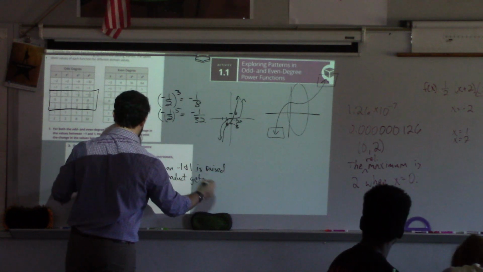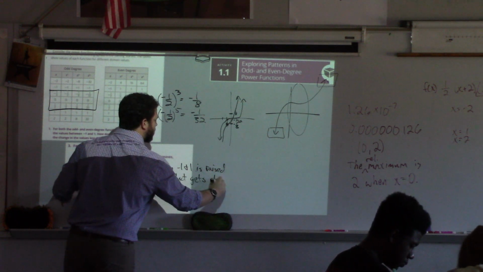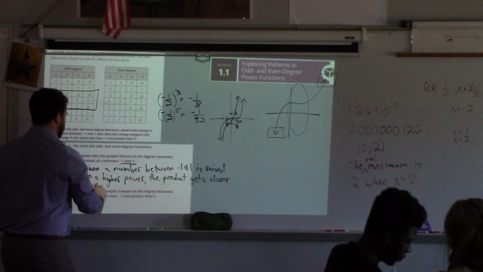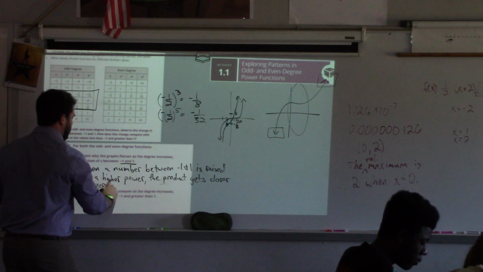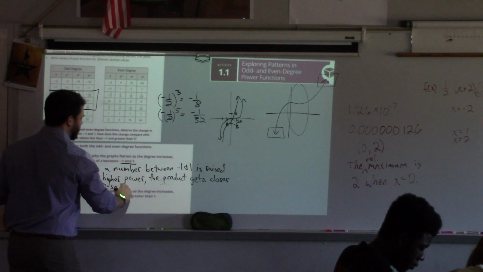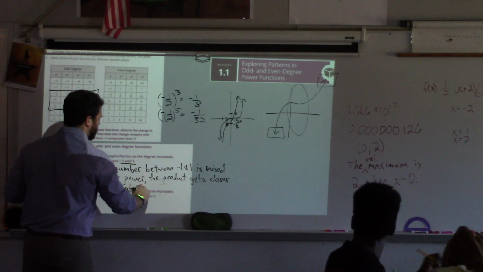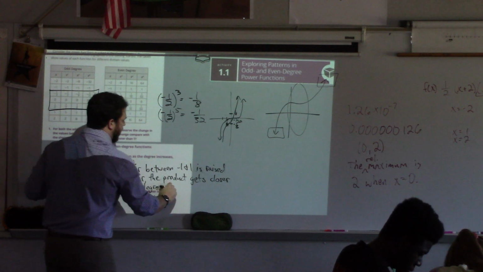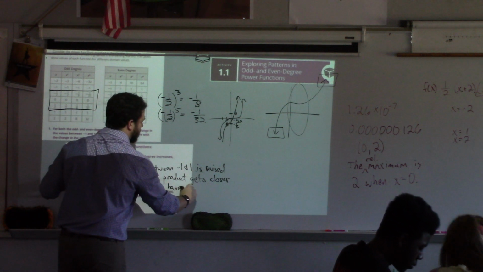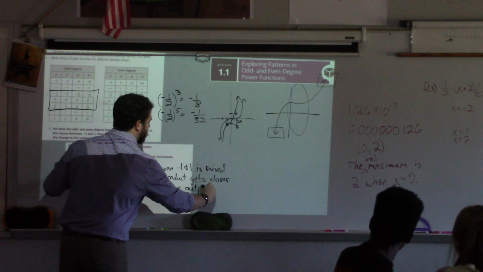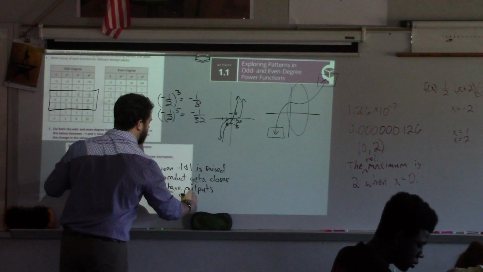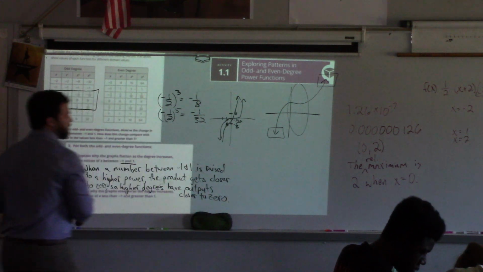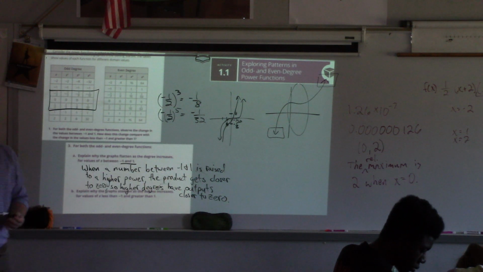Gets closer to 0. So higher degrees have outputs closer to 0. It's not just looking at a graph and saying, oh, that's what I see.